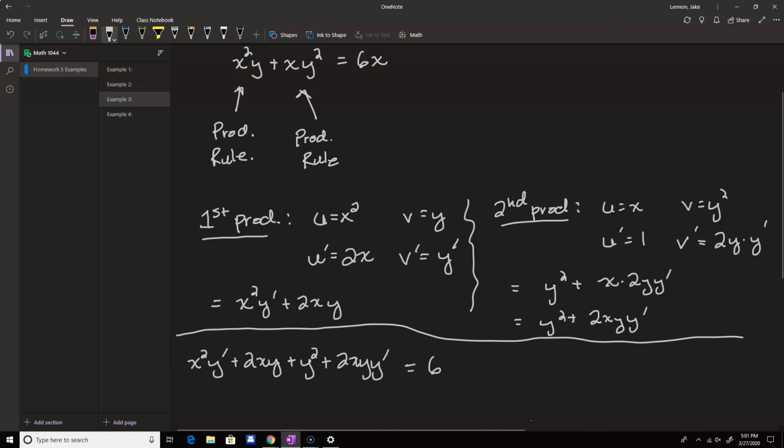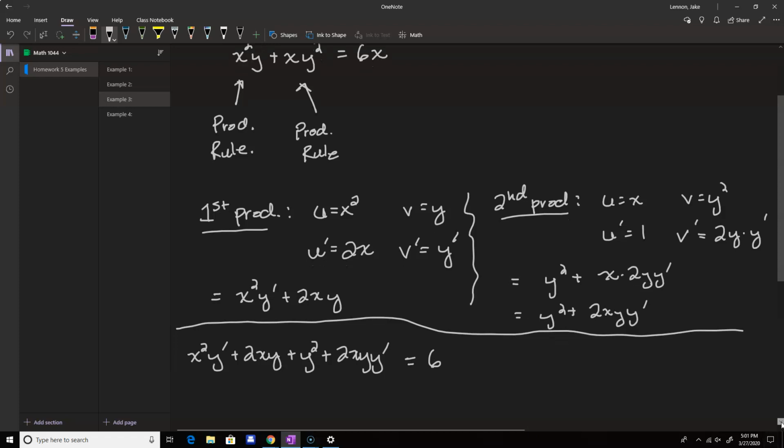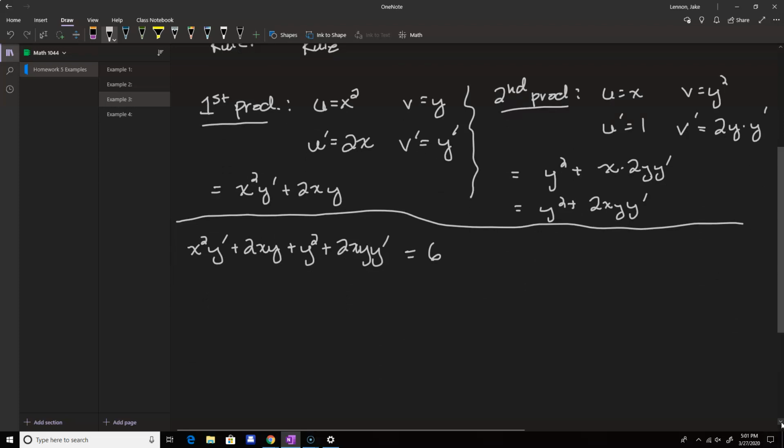So what we want to do is move the terms that do not contain a y prime to the right-hand side of the equation. Those are the two middle terms here. They have no y prime, so I want to subtract them. So I'm subtracting 2xy and also subtracting y squared. So I do that on the other side. They're not like terms, so they're just going to end up being written behind the 6.